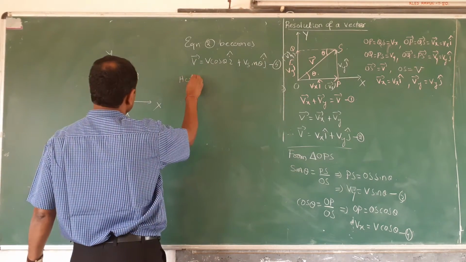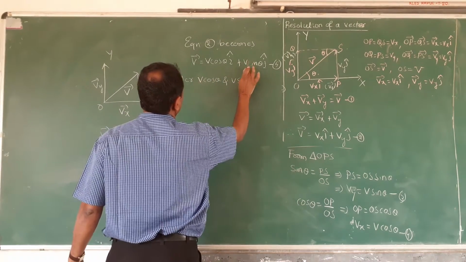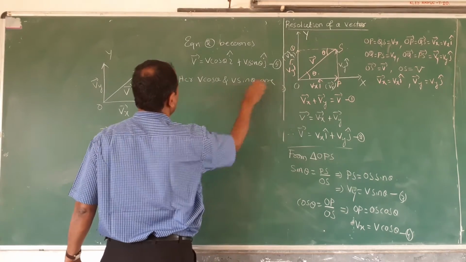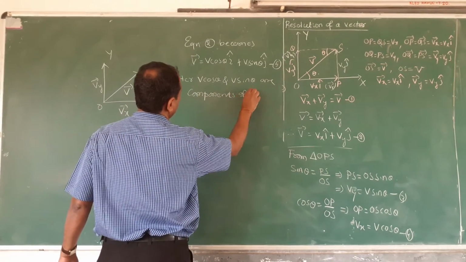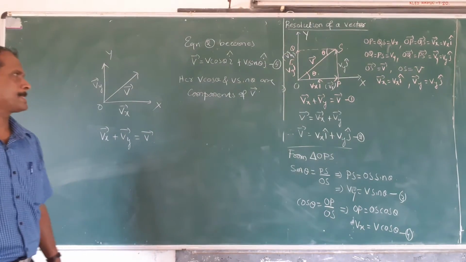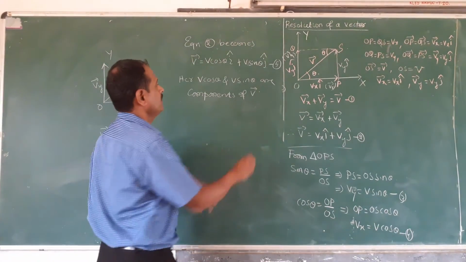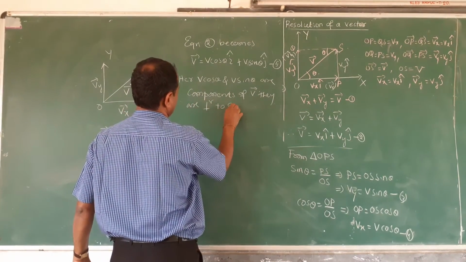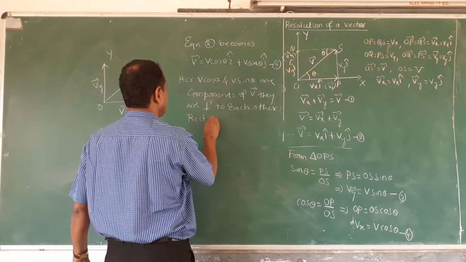Here V cos theta and V sin theta are components of the vector V. They are perpendicular to each other, so they are said to be rectangular components.